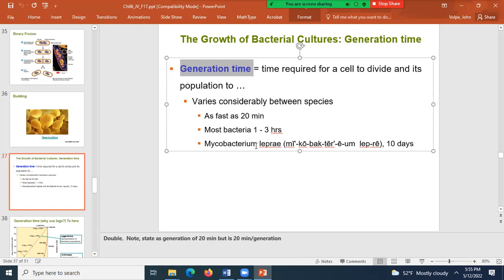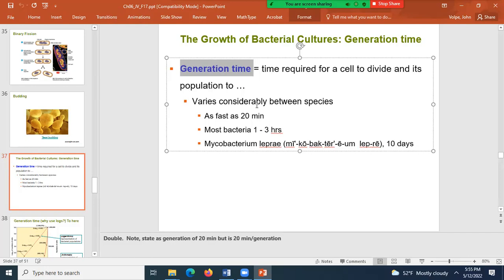Now the generation time is stated, like for E. coli, it can be as fast as 20 minutes, but the per generation is understood. So the generation time is 20 minutes per generation. And what gives students the confusion is, I guess you're used to like miles per hour.